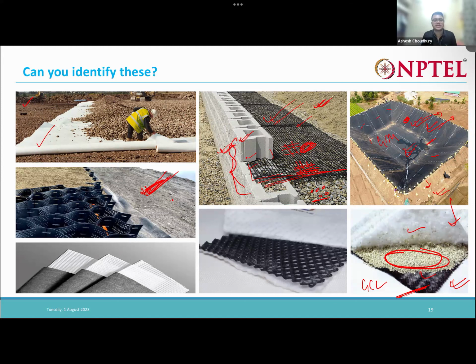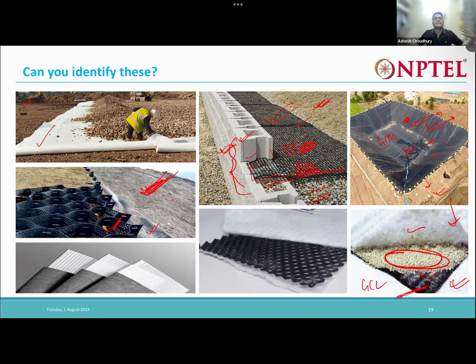Whenever a geocell is placed, it's not just placed on the ground. Once the ground is leveled, a geotextile layer is placed above that, then the geocell above it, and then we fill the geocell with soil. Geocell has many different uses. It can also be used for defense purposes.